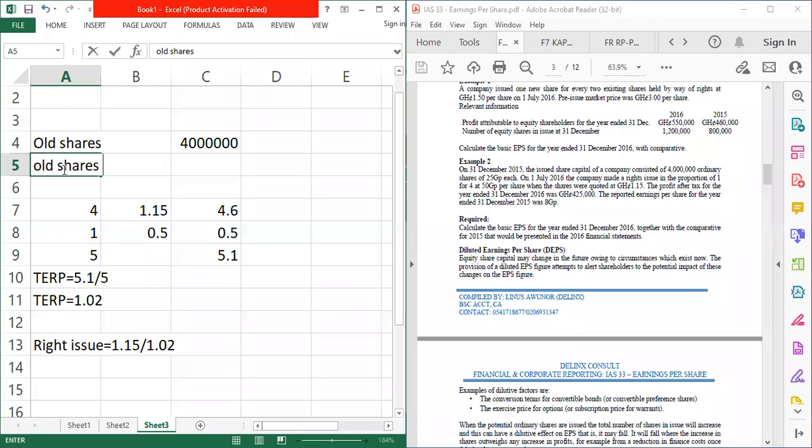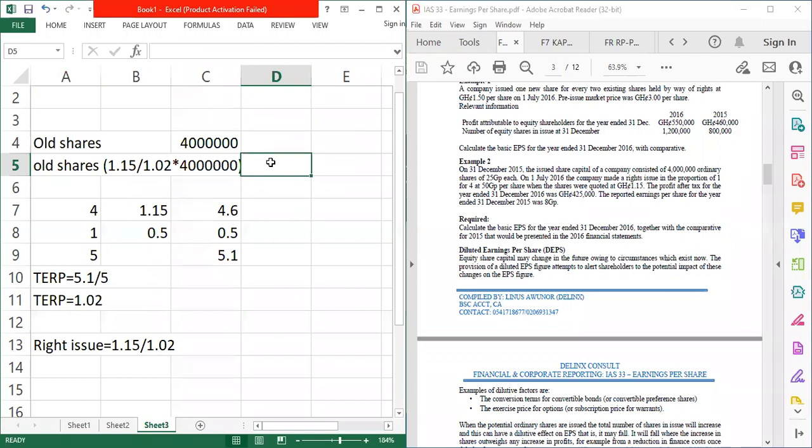So 1.15 divided by 1.02 multiplied by 4 million. The figure should be 4,509,803.